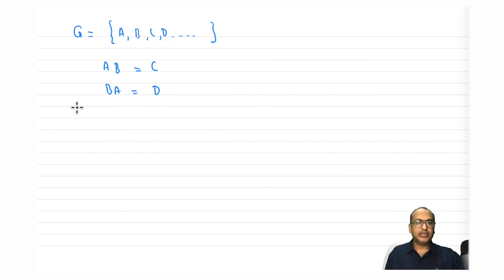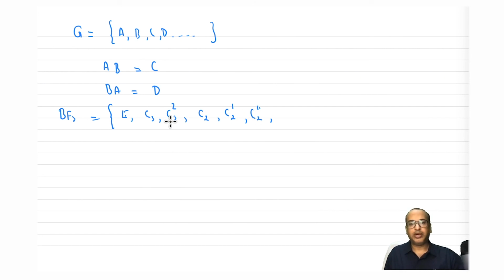Let's take an example, the same BF3 case we have been discussing. Let us list down the symmetry operations: E, C3, C3 square, then C2, C2 prime, C2 double prime. I'm not writing it as 3C2 so that we list all the symmetry operations independently, but they are essentially equivalent, so we can say 3C2.